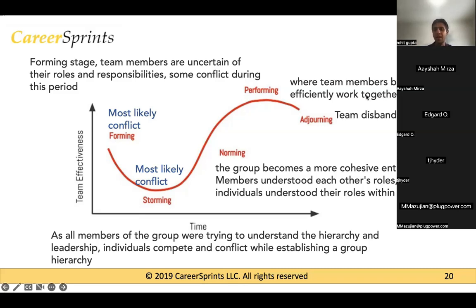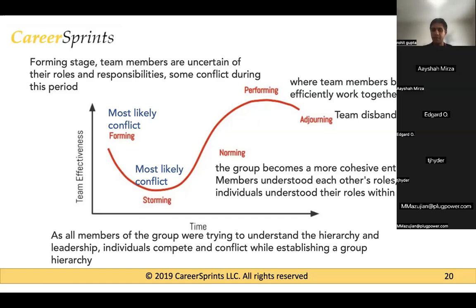So that's norming. And then there is performing, where the team has truly reached a stage of trust. So there is a high level of trust in the team, right? People really know that if I'm not there, or if I'm struggling, my partner or my other team member is going to have my back. So they really begin to work very efficiently with each other.